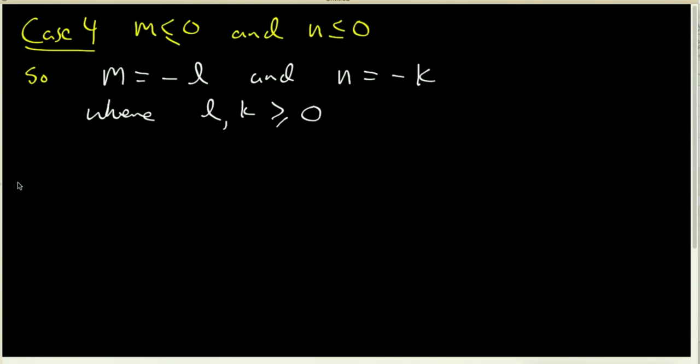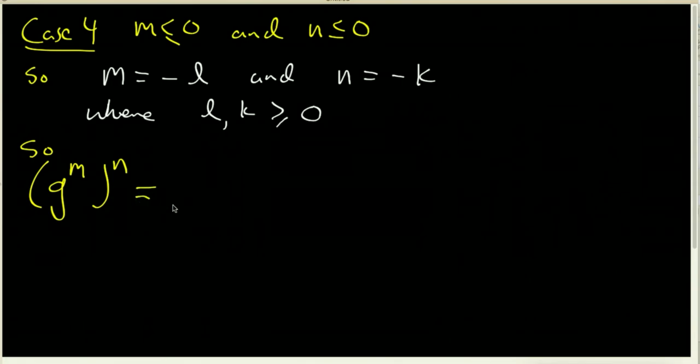And so we know everything that we might want to know about g^L and g^k. So now look at this. g^m raised to the n is going to be, and here I'm going to put the new stuff in a different color, that g^m is going to be g^(-L), and then we're going to raise that to the n.